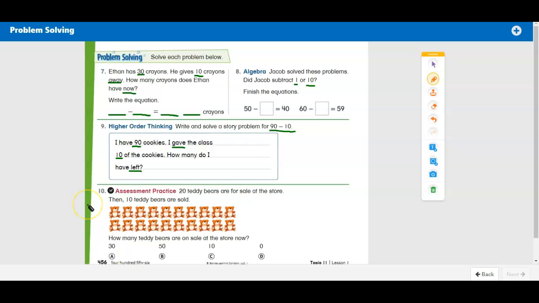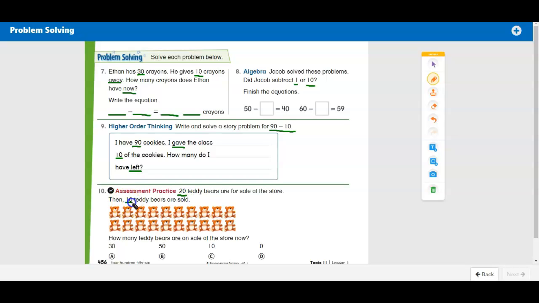For our last problem, number 10, it says assessment practice. 20 teddy bears are for sale at the store. Then 10 teddy bears are sold. How many teddy bears are on sale at the store now? We began with 20.